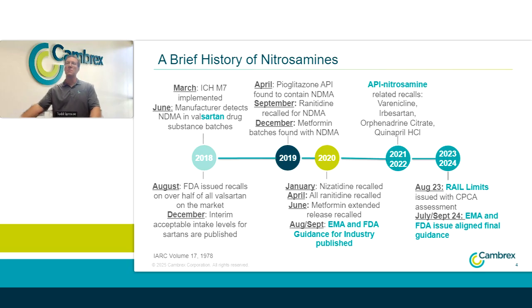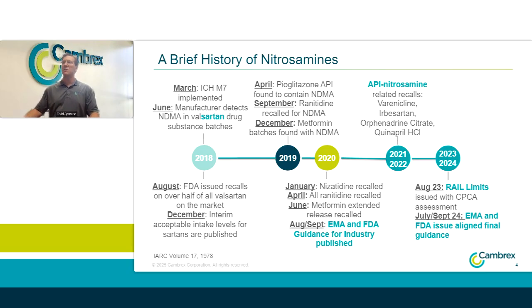So nitrosamines kind of came onto the scene unexpectedly in 2018, starting with valsartan and going out into the sartan drugs. Even though it was a known carcinogen since the 1970s, it hadn't been found in pharmaceutical products until 2018, which then rapidly expanded into a variety of recalls through the discovery in 2019 into 2020.